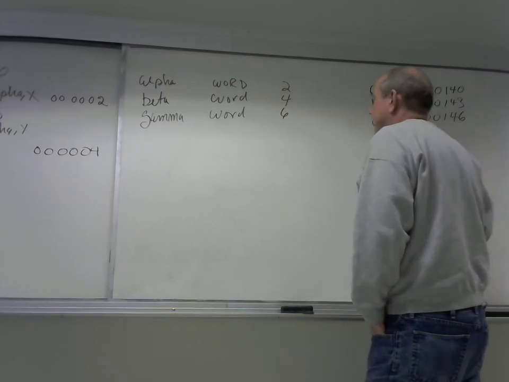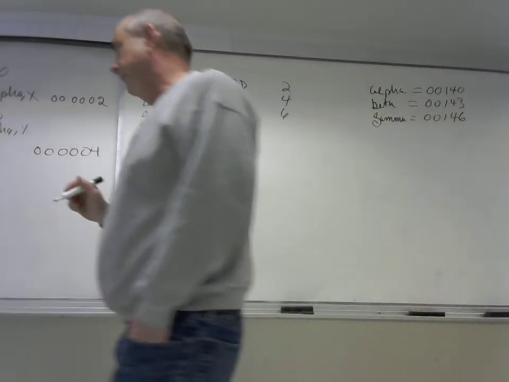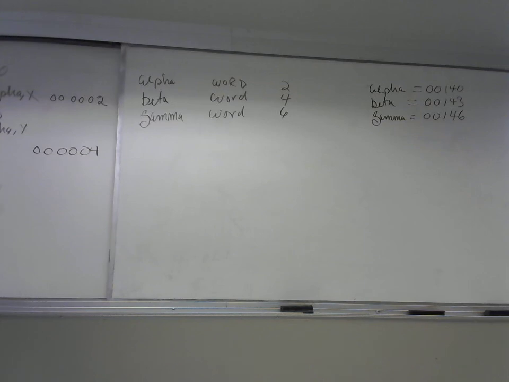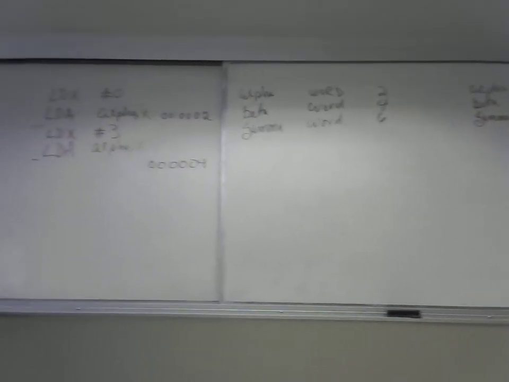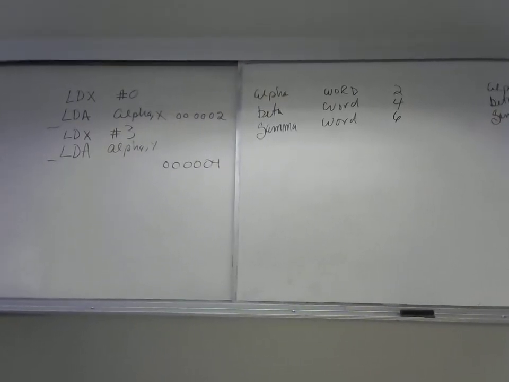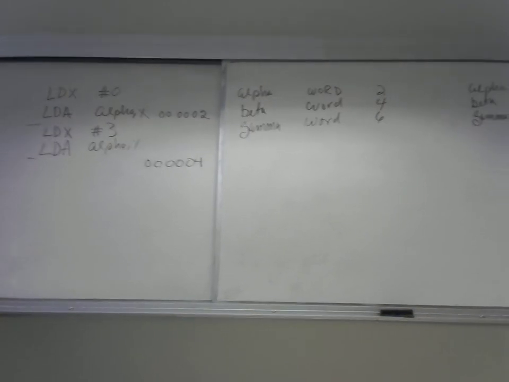So this says there's 3 in the X register. Go to alpha plus whatever's in the X register. Go to location alpha plus 3. Go to 00143 and read one word, and copy it into register A. Everybody with me? Okay.